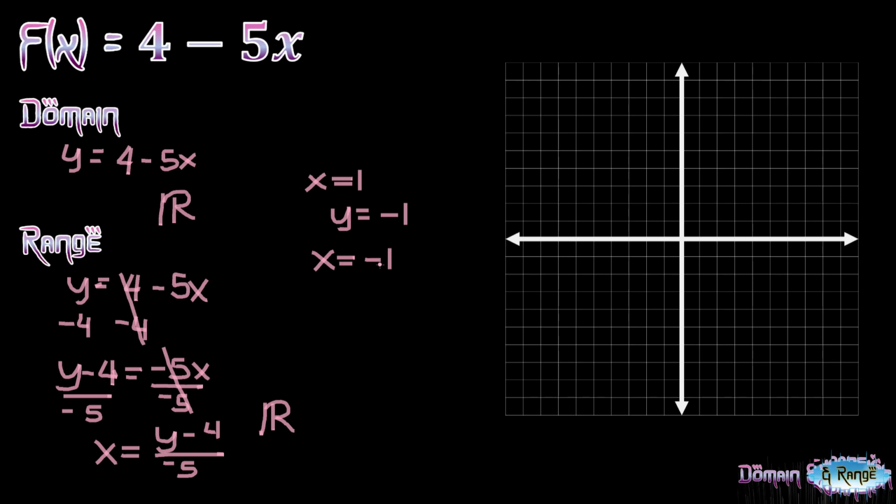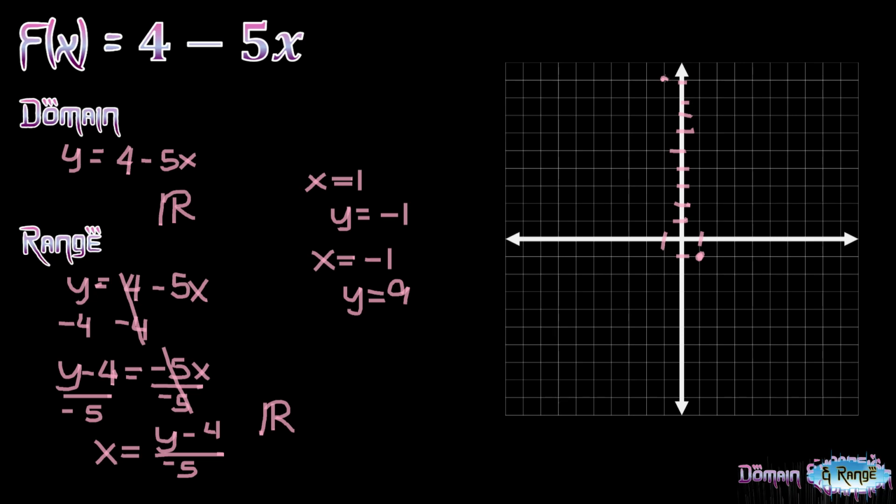So 5 times negative 1 is negative 5. 4 minus negative 5 is positive 9. So our y here is 9. Now these 2 points: if x is 1, y is negative 1, this is your first point. Next, if x is negative 1, your y is 9. So 1, 2, 3, 4, 5, 6, 7, 8, 9.